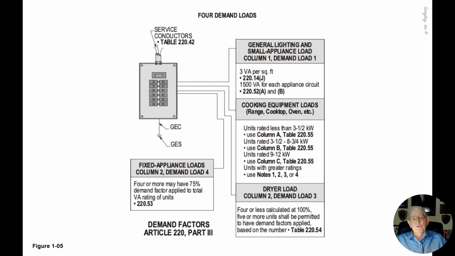And we will get into more detailed information concerning each individual load. And when I say individual load, each one of these 4 loads that you see listed in Figure 1-5, dealing with demand factors in accordance with Article 220, Part 3 of the Code. So we will review each one of these sections and how they would be applicable based upon a particular question based upon such demand factor loads.